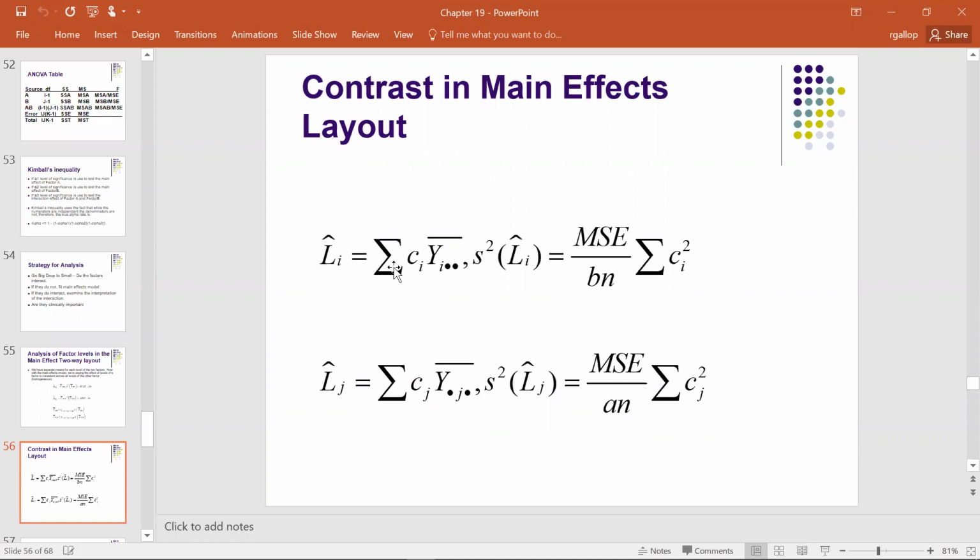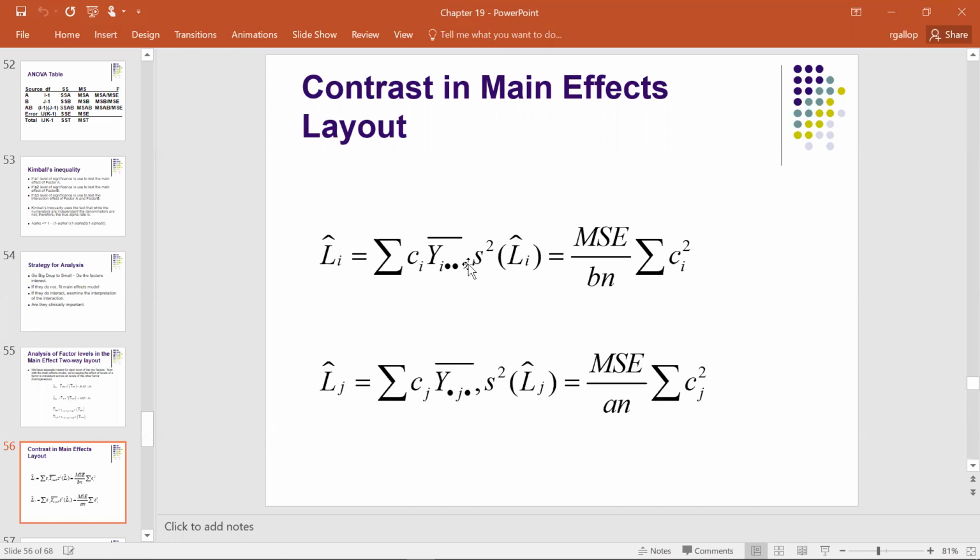In this case, this is giving us the formula of the linear contrast as a function of the level i's of factor A, so some linear combination of that, or similarly as a function of the levels of factor B, as we see the j's go on.